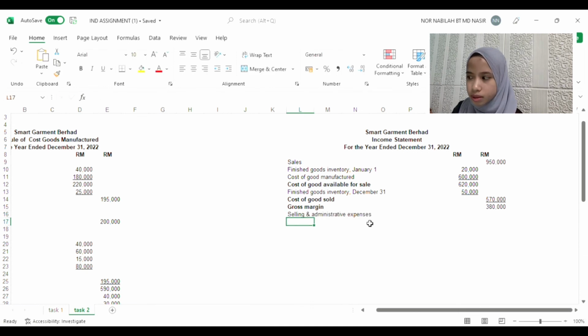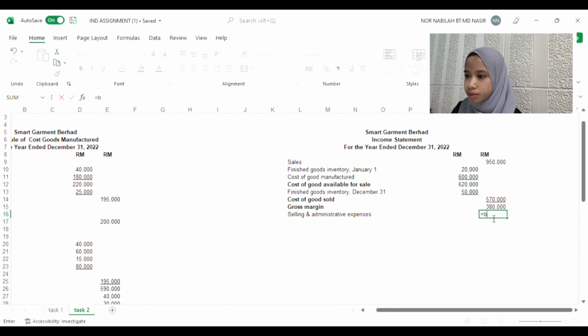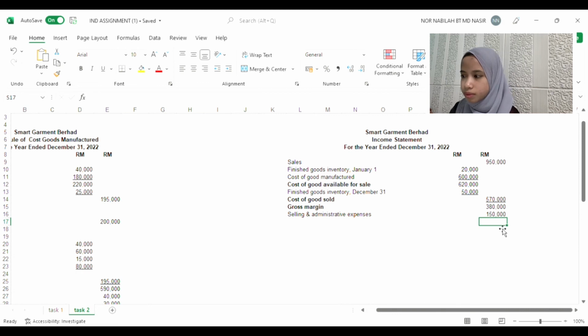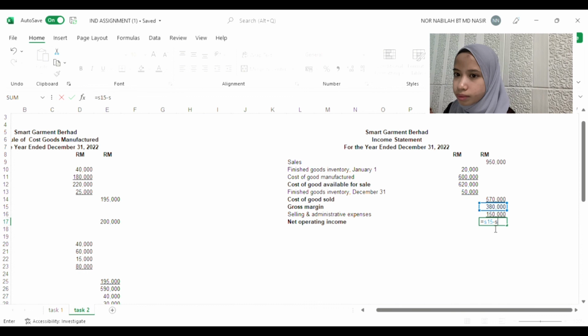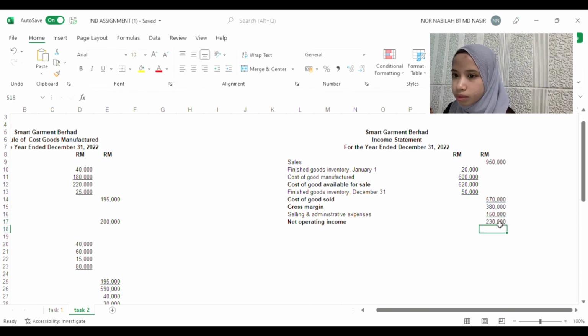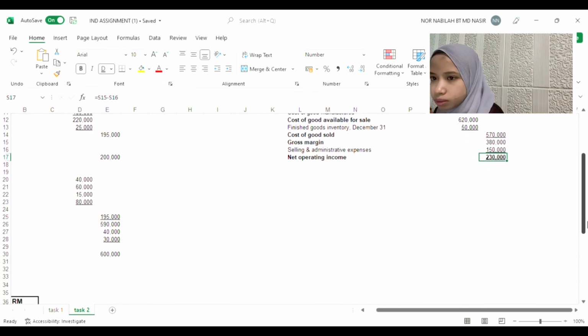Selling and administrative expenses are $150,000. So lastly, net operating income: gross margin 380,000 minus selling and administrative expenses 150,000, we get 230,000.